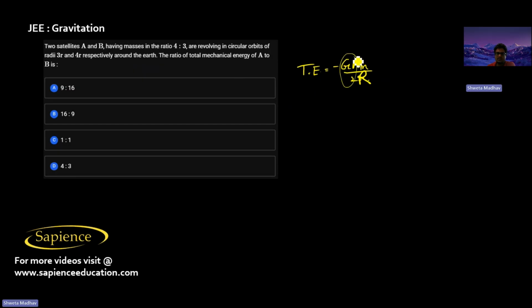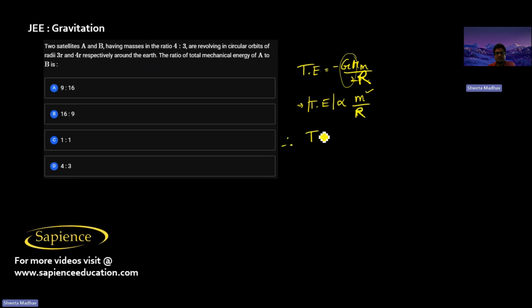This part is constant, so I can say that the magnitude of the total energy is directly proportional to m by r, where m is the mass of the satellite, r is the radius of the circular orbit around the Earth.